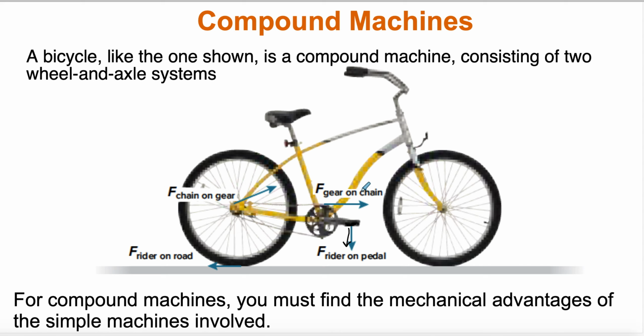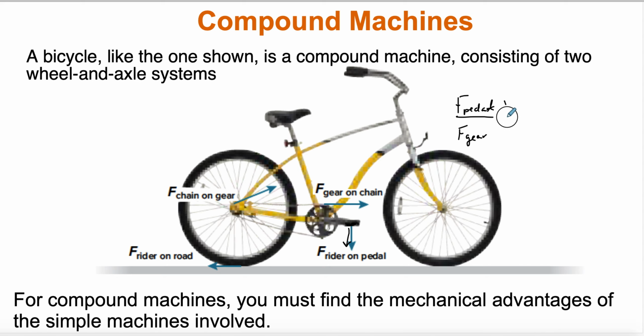Okay, so here we can make our mechanical advantage. We have our input on the pedal. The force on the pedal is going to be compared to the force on the gear.